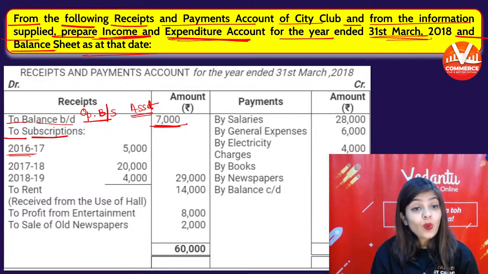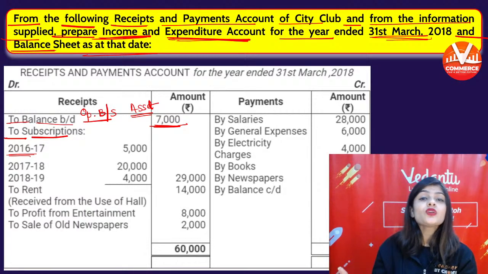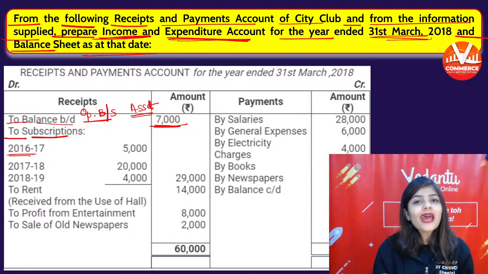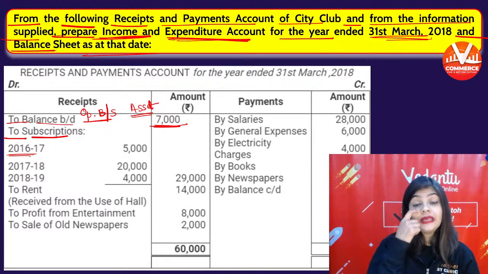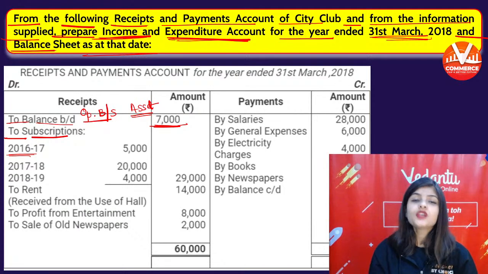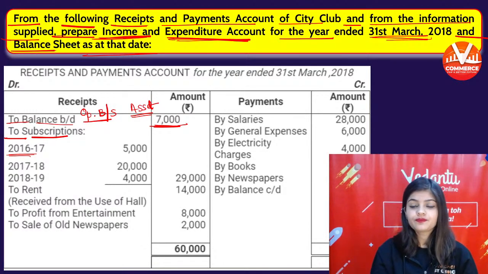Yes, if you are required to prepare the closing balance sheet, before that you will prepare the opening balance sheet to find out capital. The balancing figure in the opening balance sheet will be capital. So yes, we are required to prepare the opening balance sheet also.